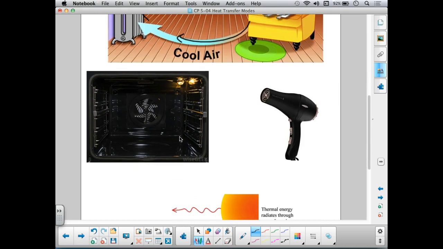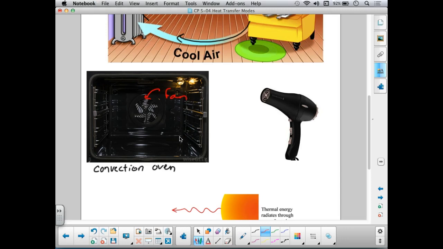These are examples of forced convection. On the left here, this is actually called a convection oven. And it's not by mistake it's called a convection oven. It actually uses convection to heat your food. If you notice in the back of a convection oven, there is actually a fan at the back.